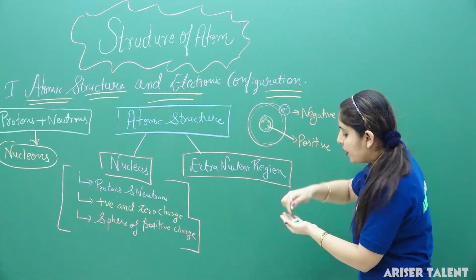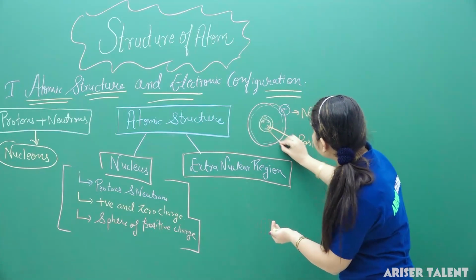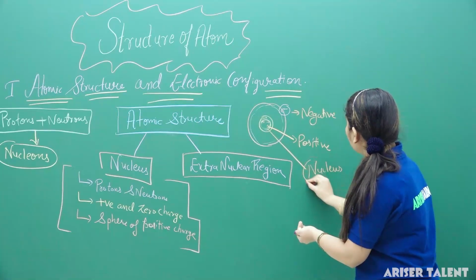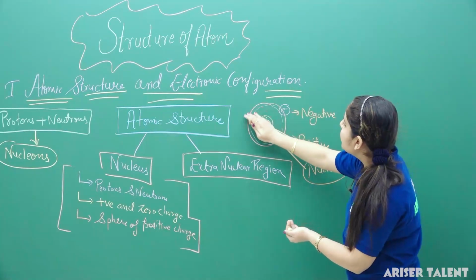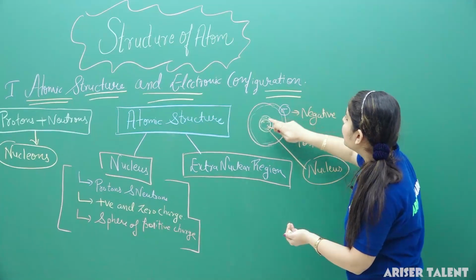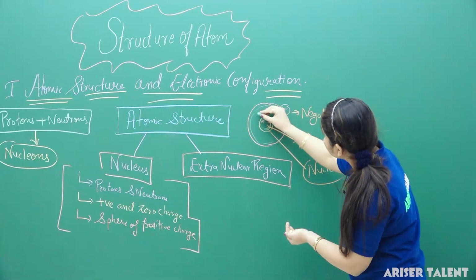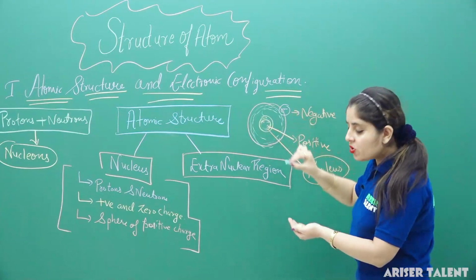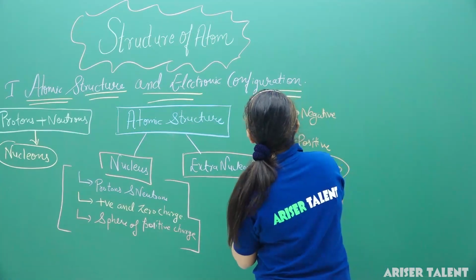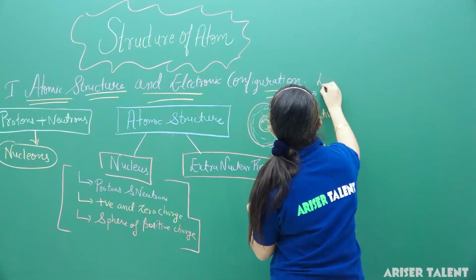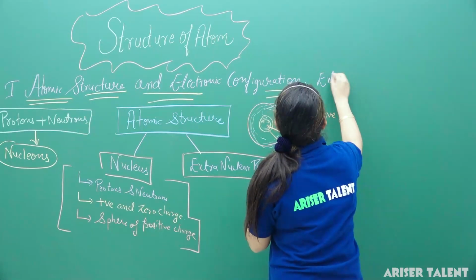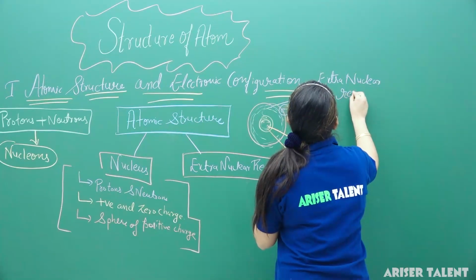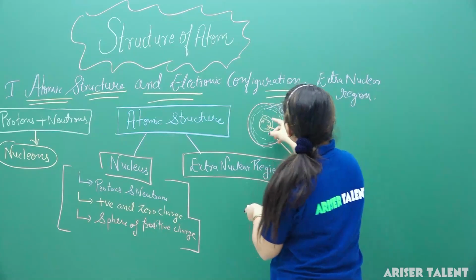This part is called the nucleus, and the region except the nucleus, this region, is known as the extranuclear region. So what will happen in this extranuclear region?